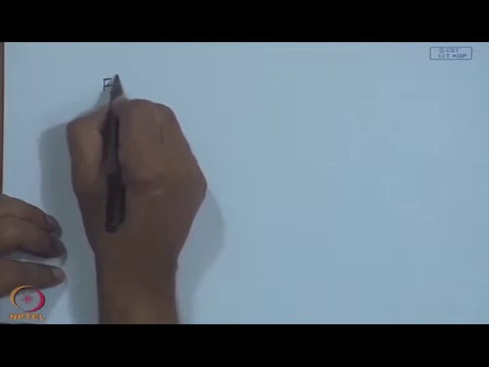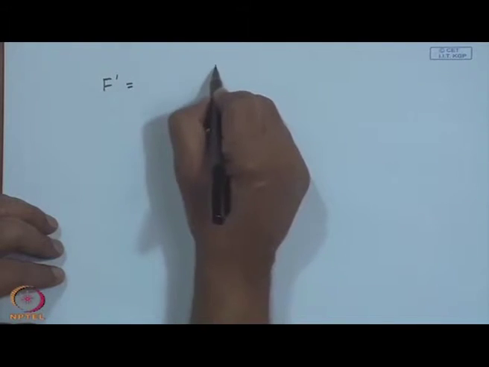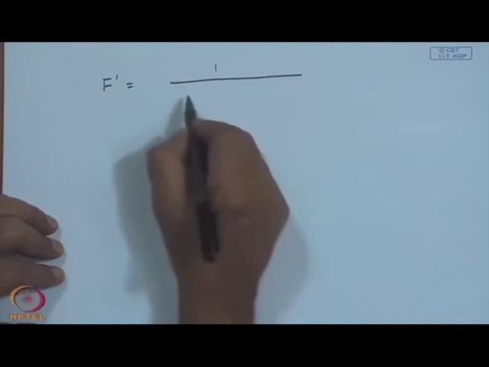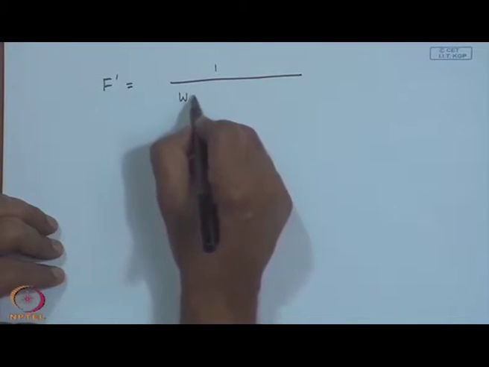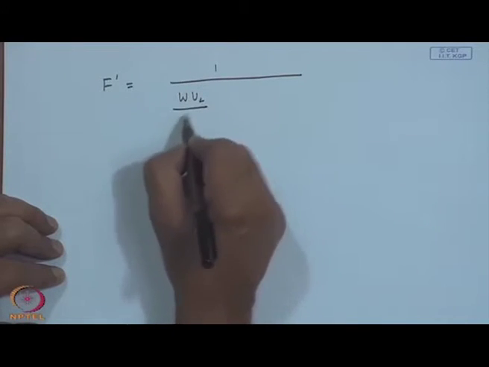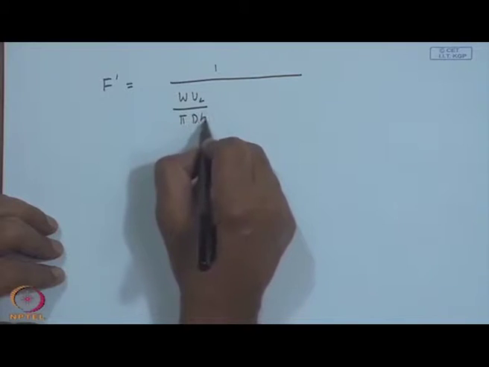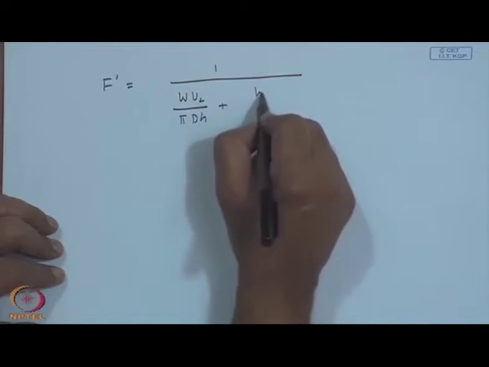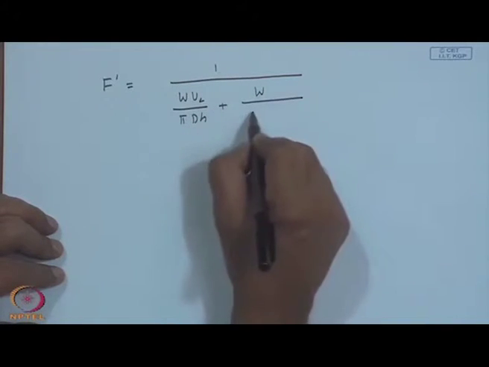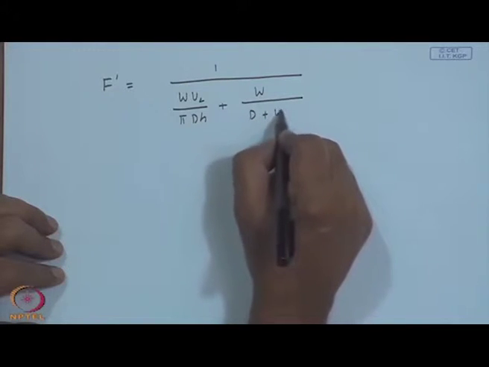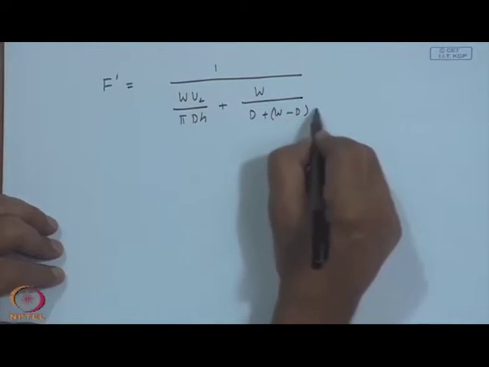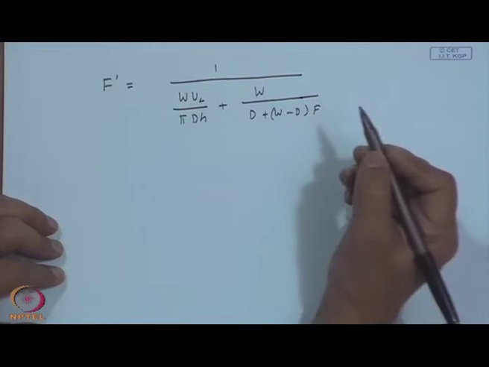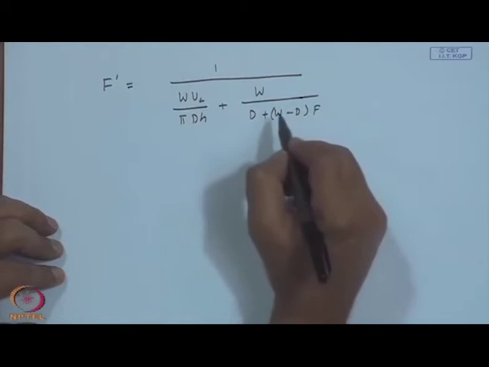You have the collector efficiency factor, again slightly differing because of the differing arrangement of the tube and the fins: 1 upon W U_L by pi d h plus W upon d plus (W minus d) times F. You will notice that the bond conductance does not come into the picture here.